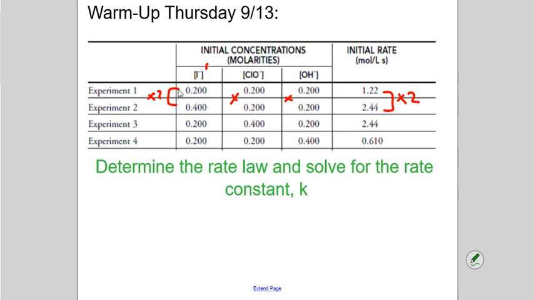So if we look at experiment 1 and 4, this is going to double, and the other 2 are staying the same concentration.